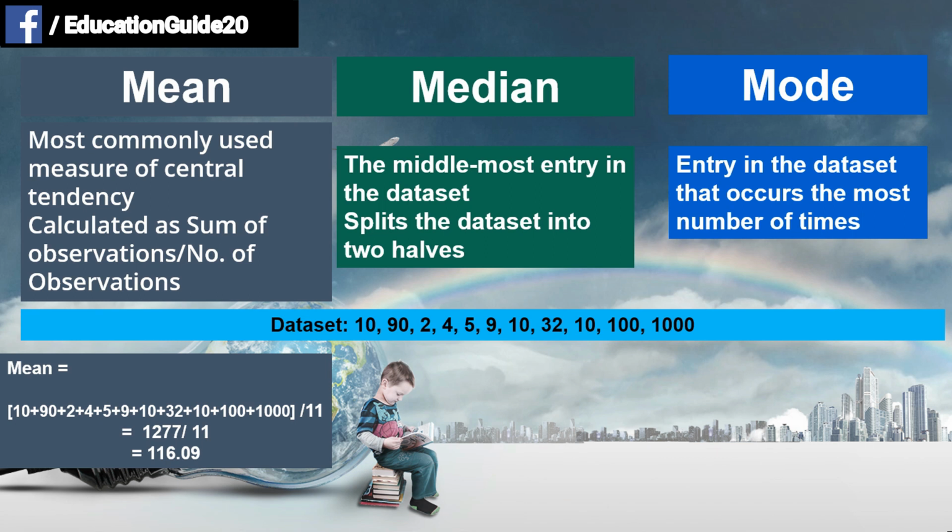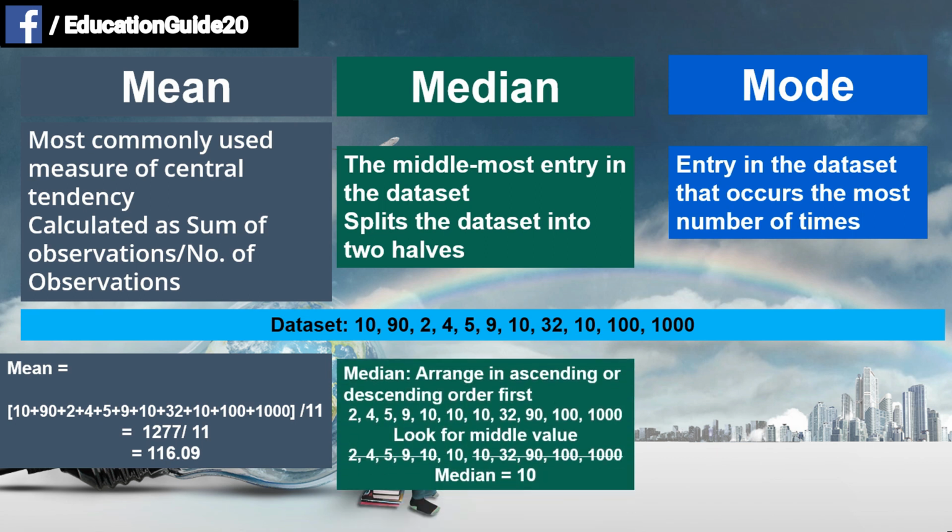If we calculate the median of the same data set, we have to arrange it in an increasing or decreasing order first. So the increasing order of the data set will be 2, 4, 5, 9, 10, 10, 10, 32, 90, 100 and ultimately 1000.